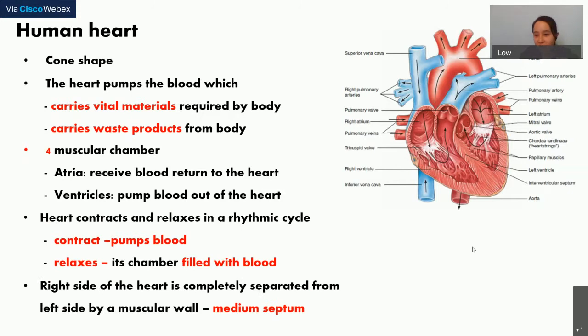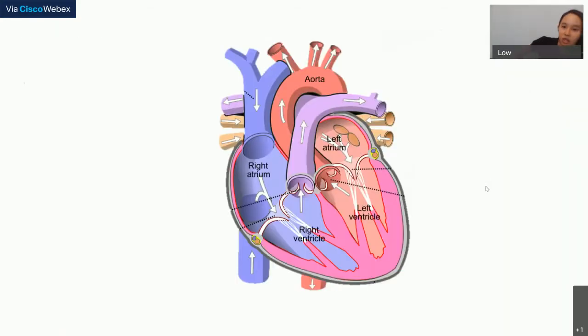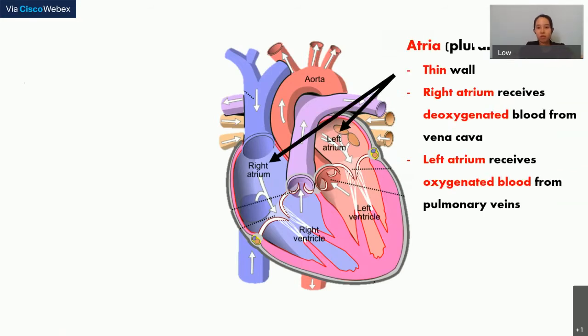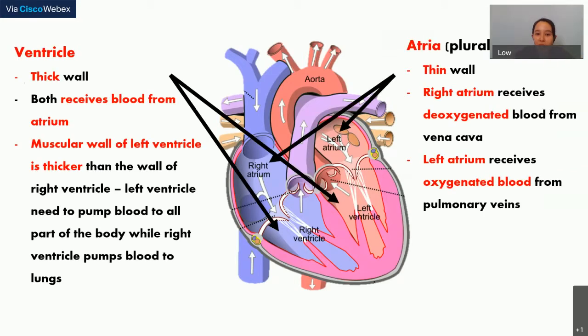As you can see in the picture, the right side of the heart is completely separated from the left side through a median septum. You can see in the middle of your heart there's a septum there. So it's the atria and ventricles. The atria have a thin wall.